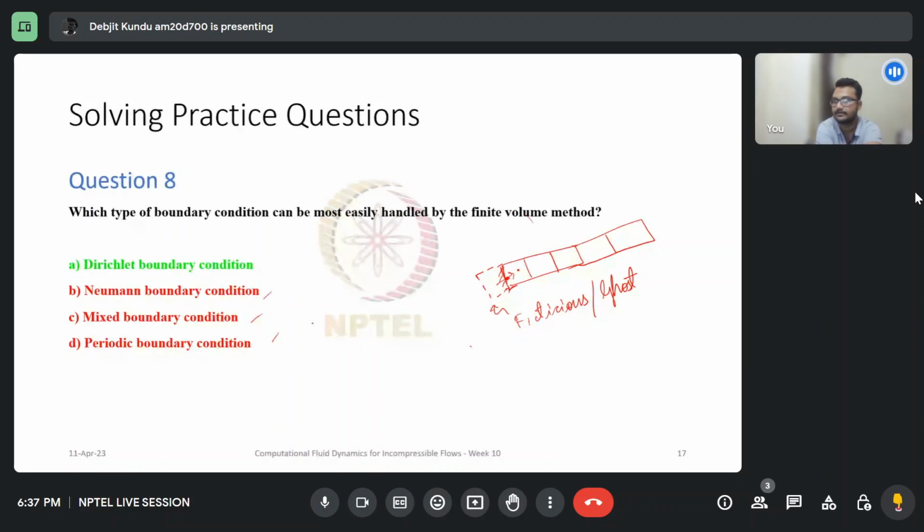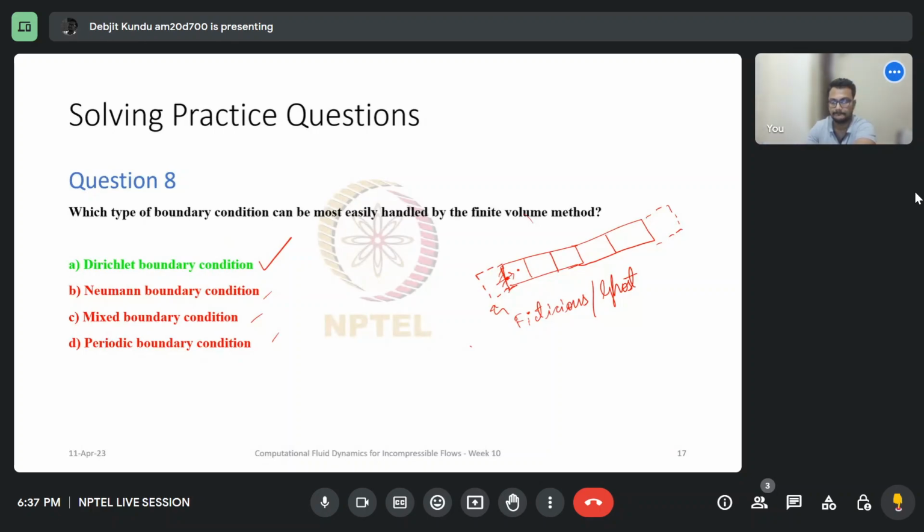Only the Dirichlet boundary condition can be simply included in the problem without considering any fictitious or ghost cells. And as you can imagine, this would have to be done in all boundaries. So that is why the Dirichlet boundary condition is most easily handled by these finite volume methods.